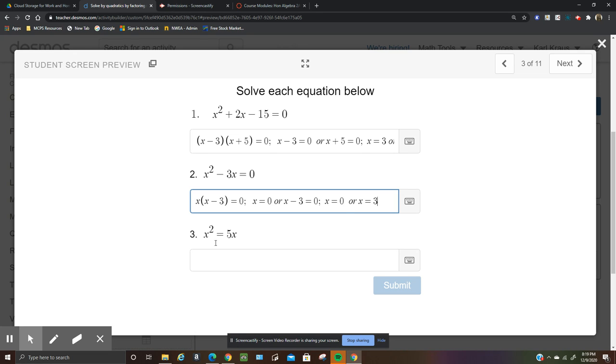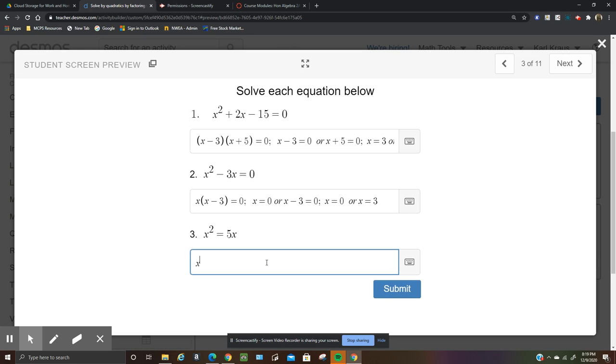In the last one, first I'm going to get all the terms on one side. If all the terms are not on one side, then you have to get them on one side. So I'm going to subtract 5x from both sides first. So I have a quadratic that equals 0. And then the common factor is x again.